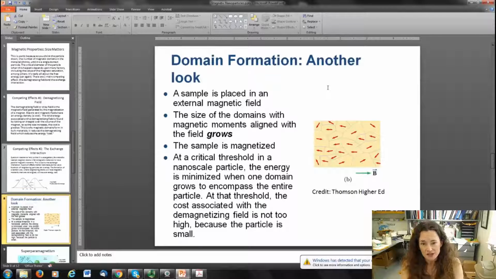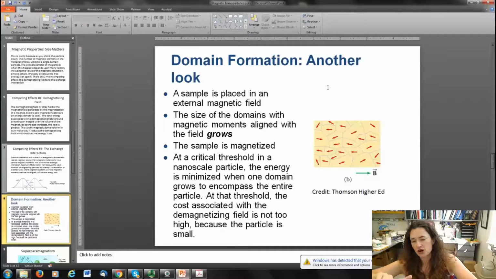So what that does is the domains with magnetic moments that are already aligned with the field, or close to aligned with the field, are going to grow. That growth starts at the edge, or the domain wall, where the exchange interaction would already prefer those neighboring atoms to be aligned in their magnetic moments. It's true that the magnetic moment will rotate in the presence of a magnetic field, but it doesn't happen all throughout the unaligned domains at once.